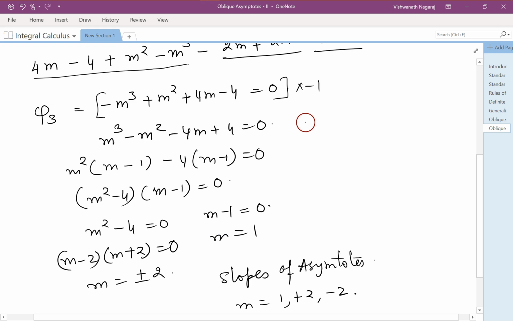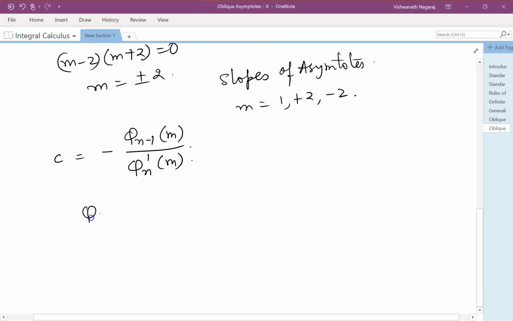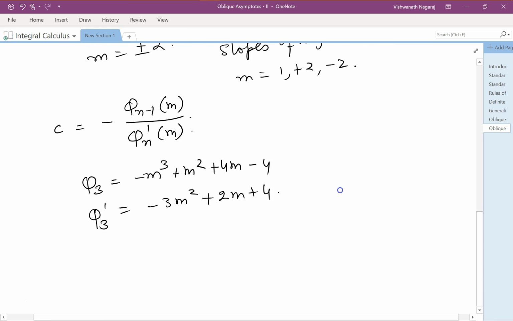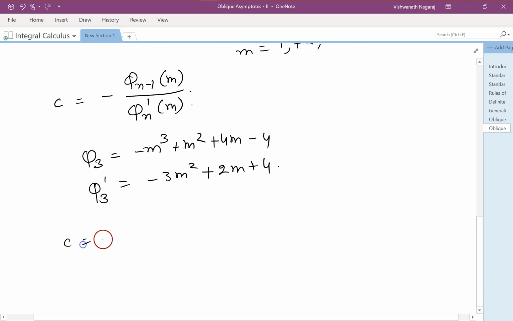Okay, so remember, φ3 is equal to −m³ + m² + 4m − 4. So φ3′ is equal to −3m² + 2m + 4. So now let's calculate the y-intercept.